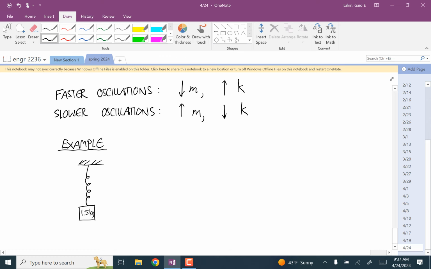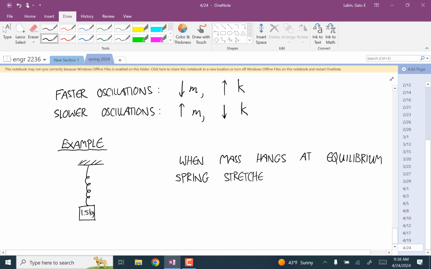I'm going to say that when you release this mass and let it hang down to equilibrium, the spring stretches 3 centimeters from its resting length. So 0.03 meters from its resting length.